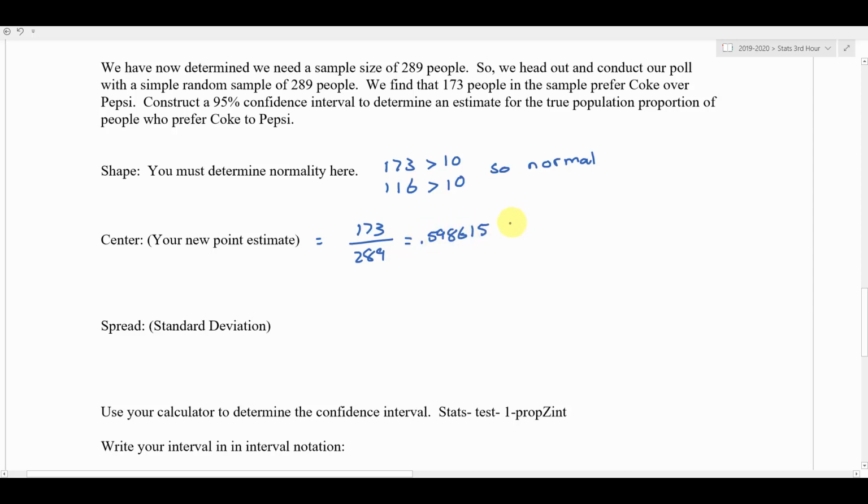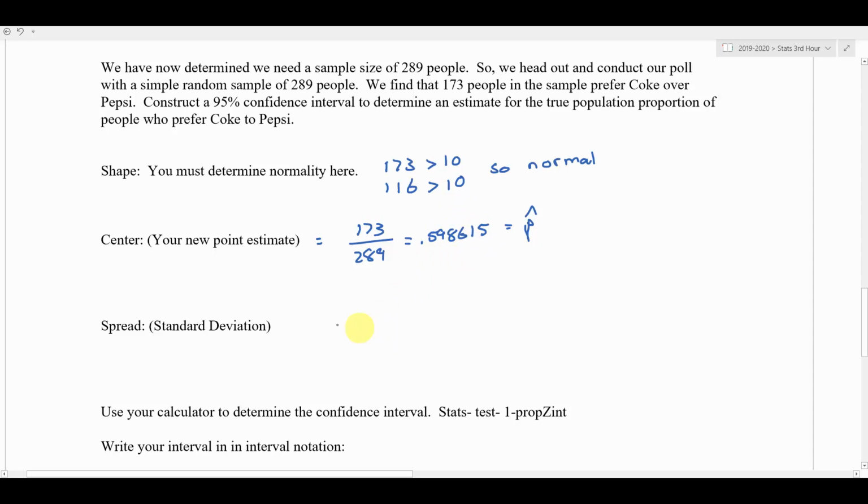And this is our p hat. Okay. This is our new p hat. All right, so remember before in the previous study it was 0.75. Now it's 0.598615. That's our point estimate. So initial perception here is that the percentage of people who preferred Coke over Pepsi is going down. All right, this is not that close to 0.75.